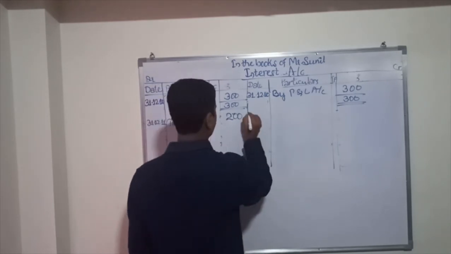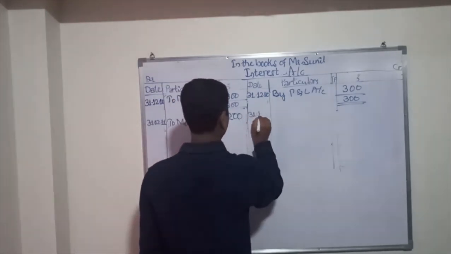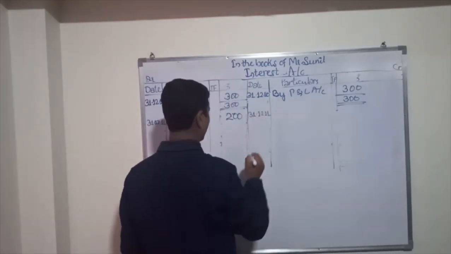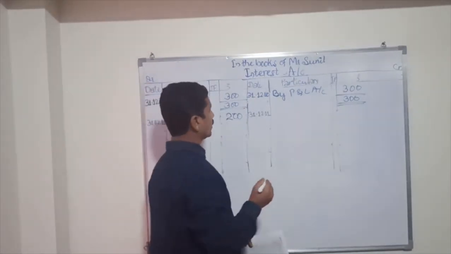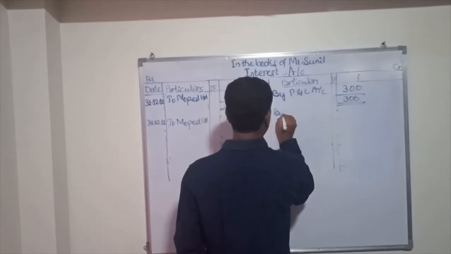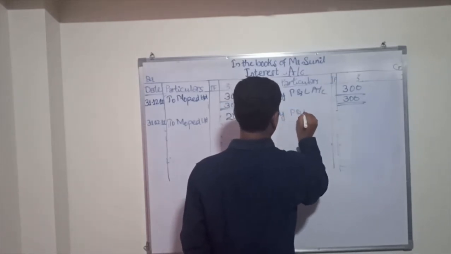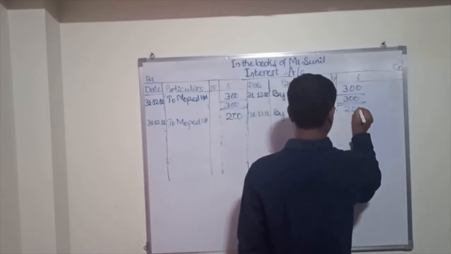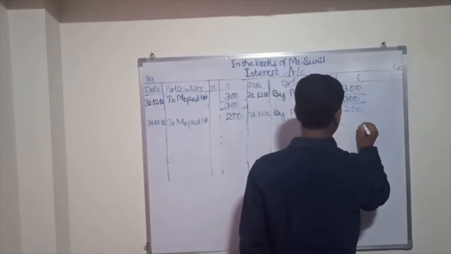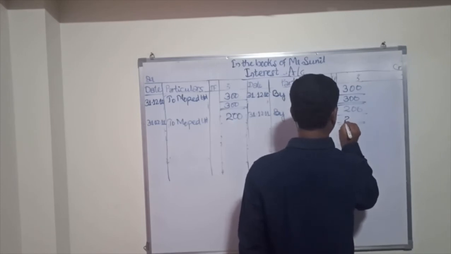Then when it is transferred at the end of the second year, on 31st 12 2011, the entry will be profit and loss account debit to interest account. So interest account is credited by P&L account, 200. So it is balanced here.